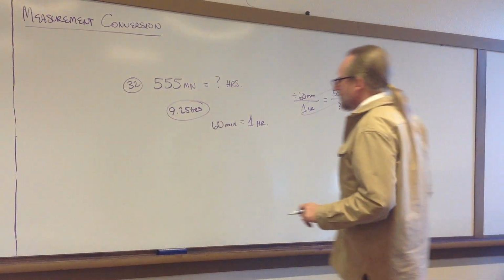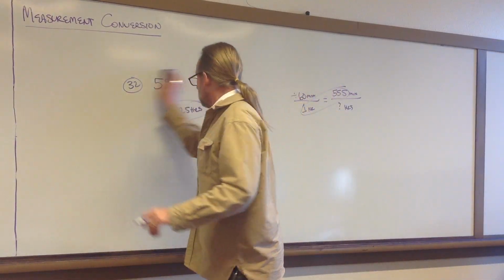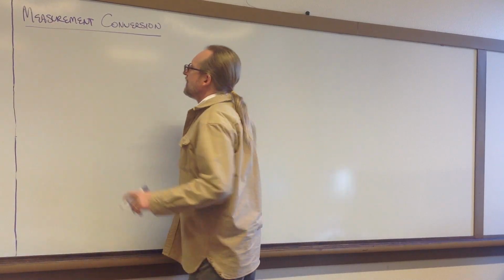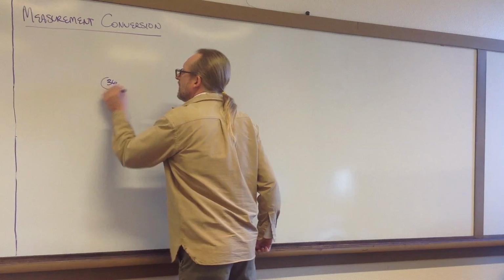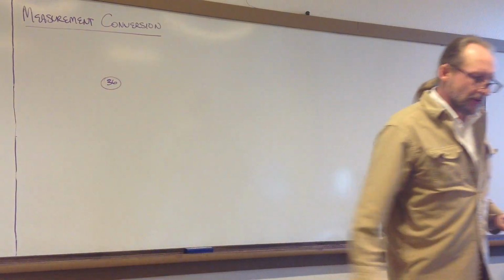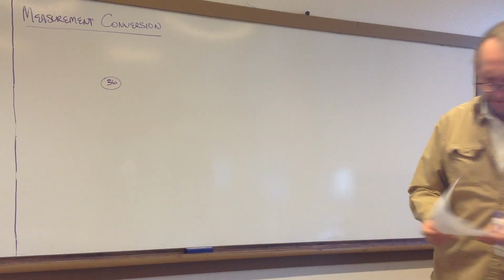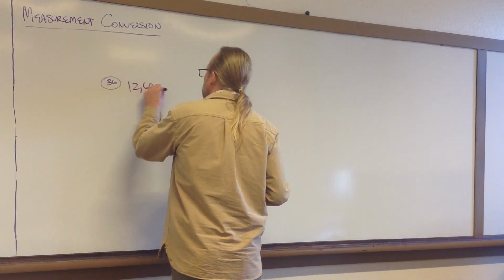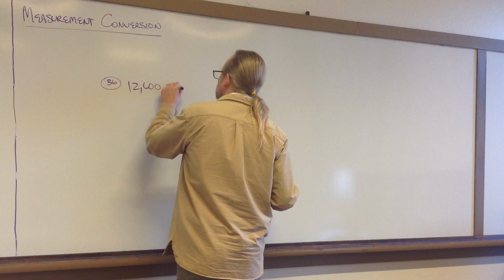Okay, so problem 36. Now what I said a few minutes ago is that there's an intermediate conversion that you have to do here. So problem 36 we've got, and this is very common as well, 12,600 seconds.